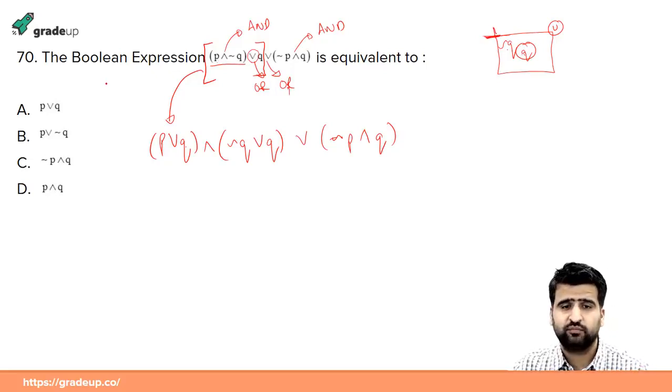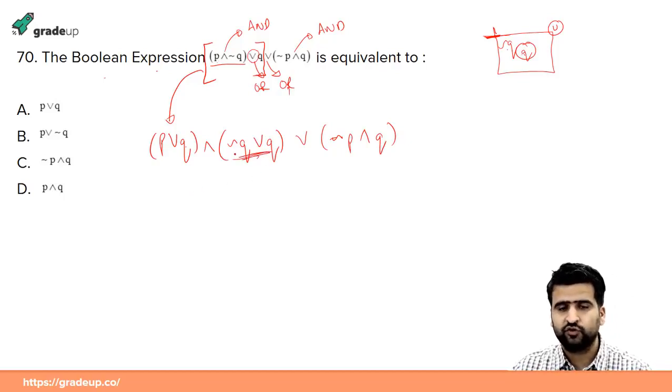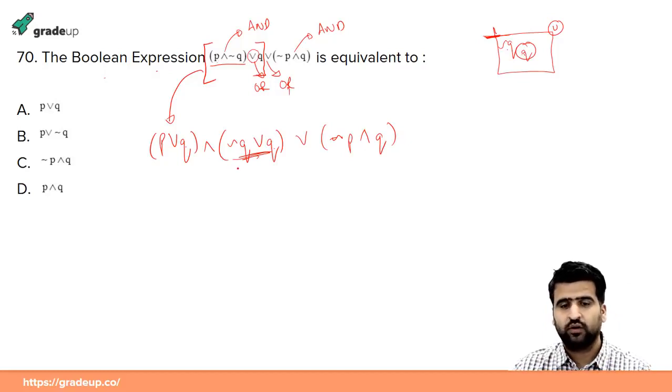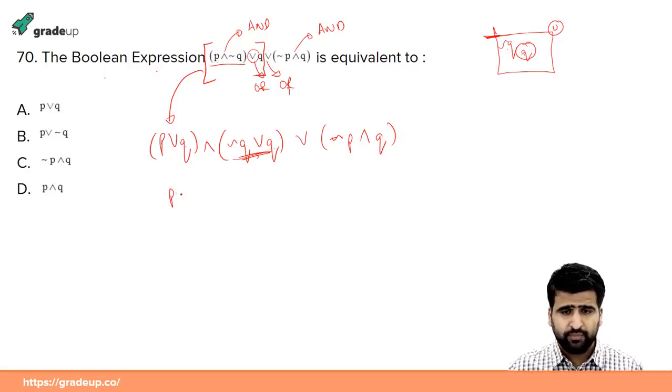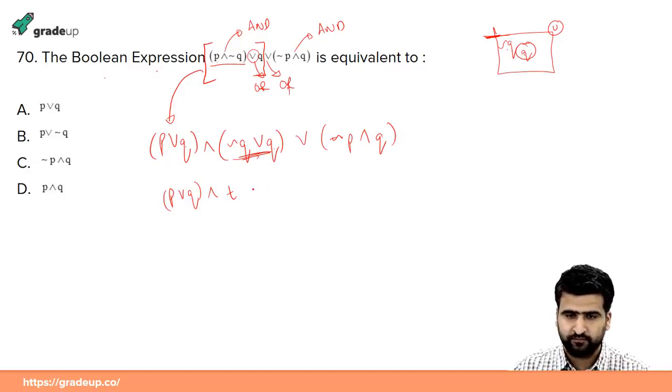In the language of Boolean expression, this quantity will always be true, since if you are choosing something from either Q or not Q, it is always present in either of these two scenarios. So you get P or Q and the truth, or you can say this is a universal set.